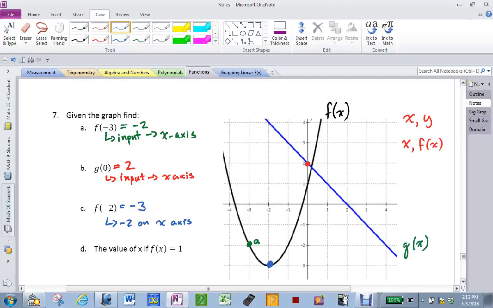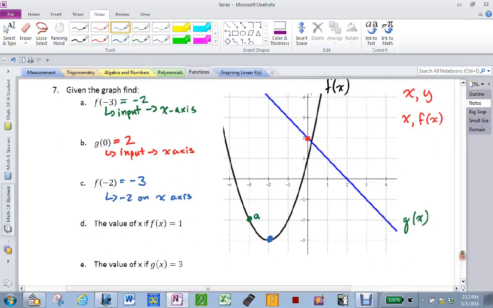All right. Now, I'm going to trick you. Is this an input or an output? F of x. It's an output, isn't it? So where do I look for outputs? On the y-axis.